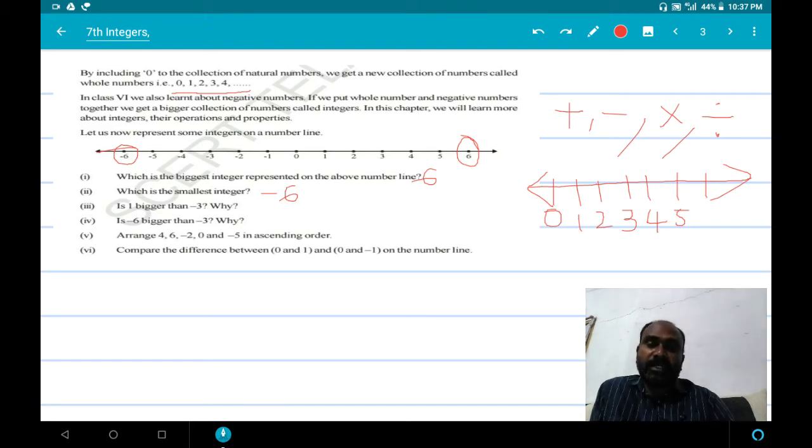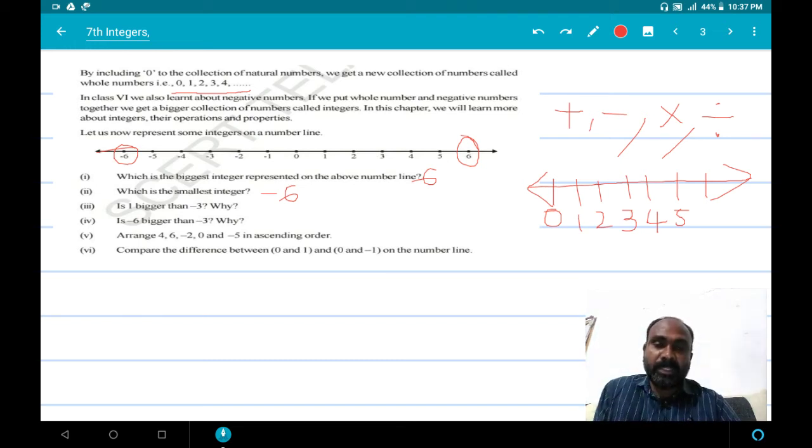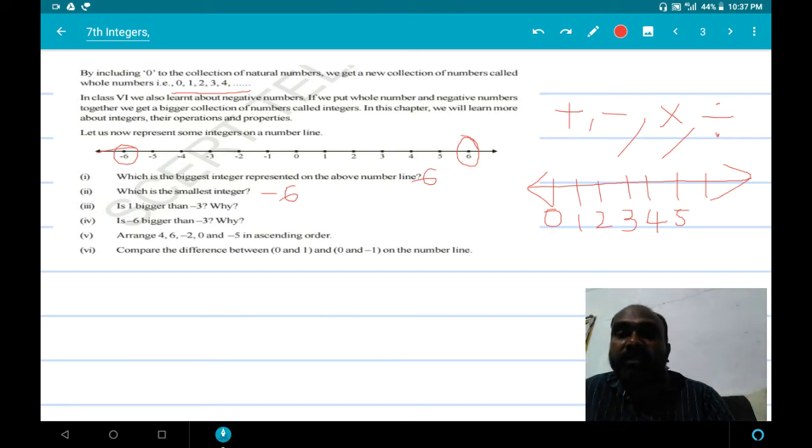Already we have learnt, one positive integer or one negative integer, positive is always bigger than negative integer. So we conclude 1 is bigger than minus 3 is correct.